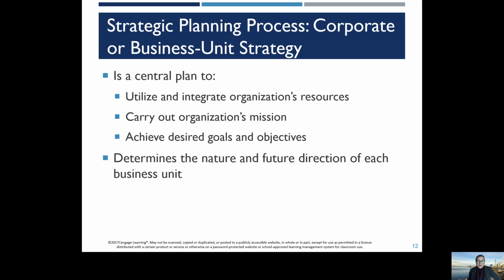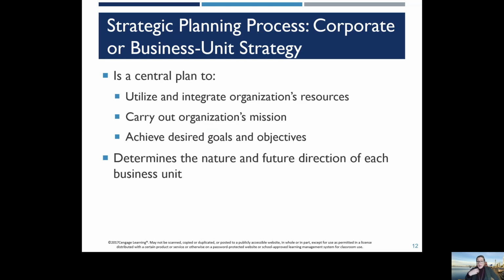So strategic planning in terms of the process at the corporate level or the business unit level is about formulating a central plan, a plan that puts the organizational resources to work in an efficient and effective manner.